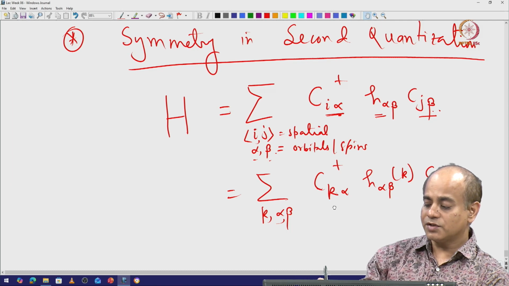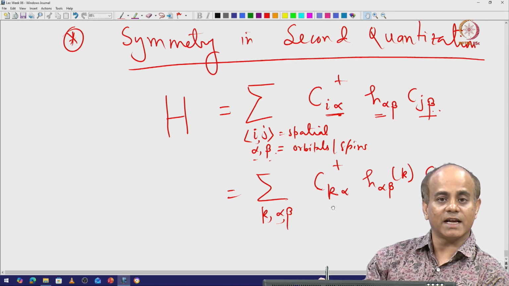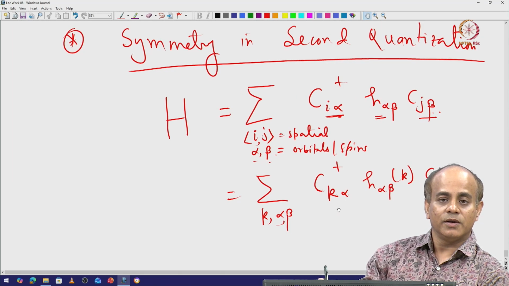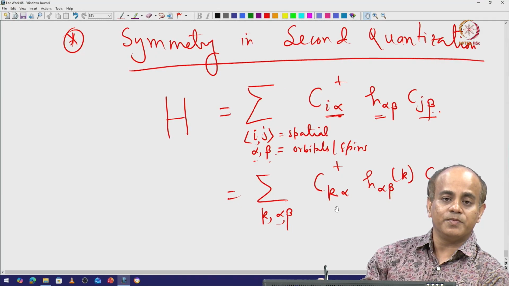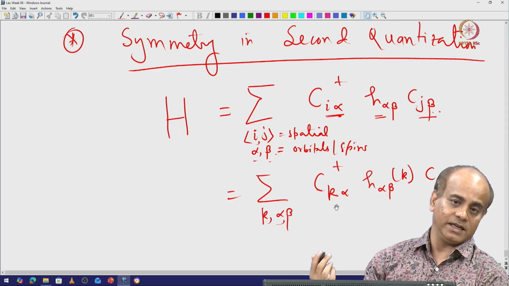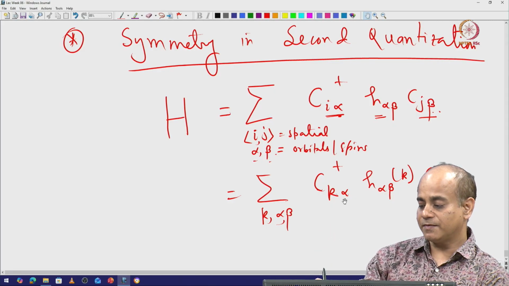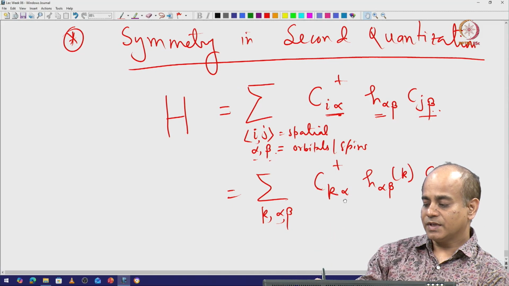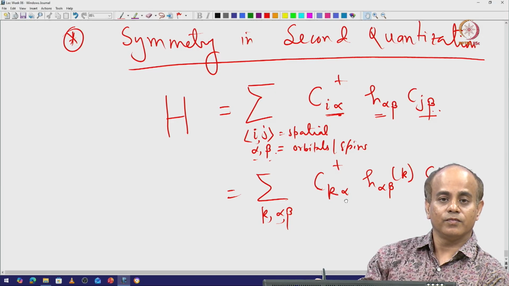It should always transform like a state, because these are operators acting on some Fock state. They are not operators in the Hilbert space, and the Hilbert space is defined in terms of this basis, carrying only one index.